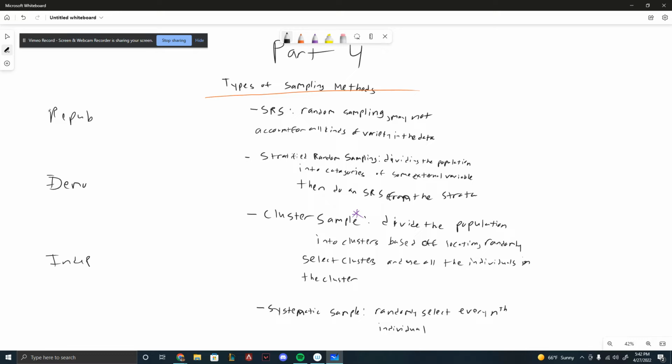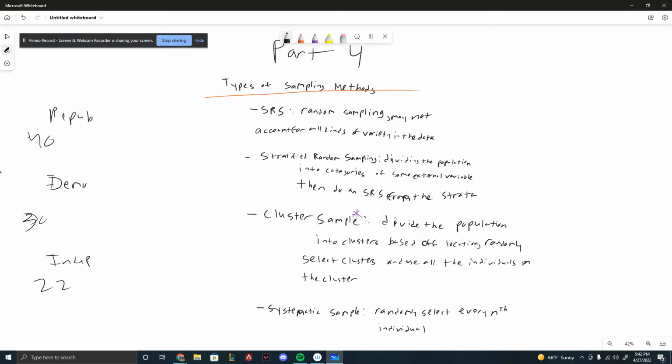And one thing to do when you divide by these three and then do your SRS is make sure you are picking proportionally. So let's say there were more Republicans than Democrats and more Democrats than Independents. You would want how many you're picking from each stratum to represent that. So let's say there were like 40 Republicans in our sample, maybe 30 Democrats and 22 Independents.